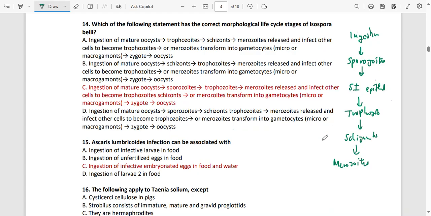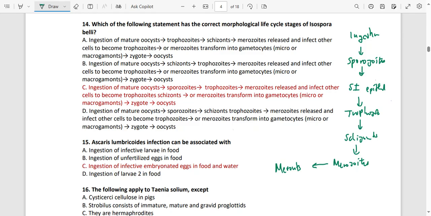It's just that there we have type 1 and type 2. And then these merozoites will further differentiate into multinucleated meronts. You get that? Meronts, not merozoites. The meronts are multinucleated.